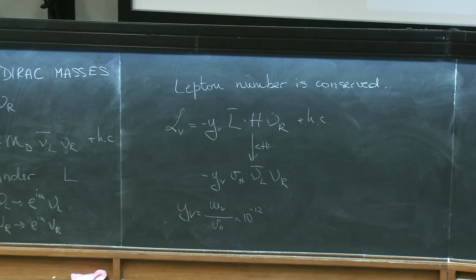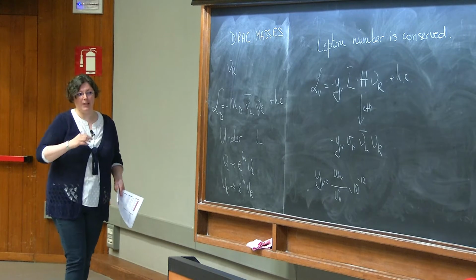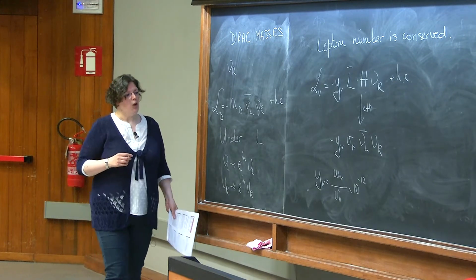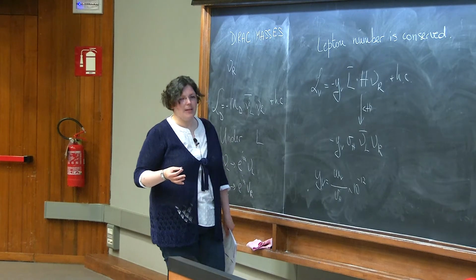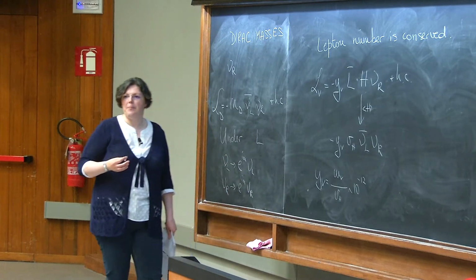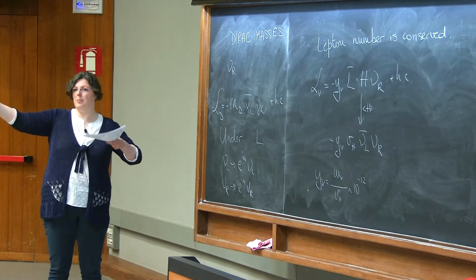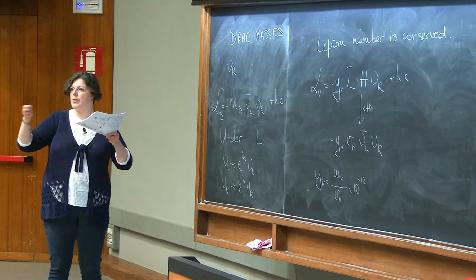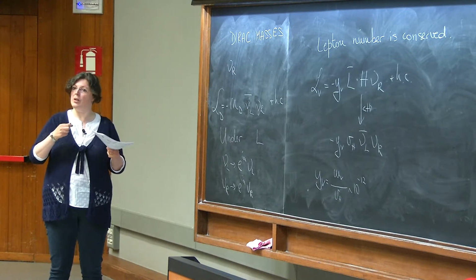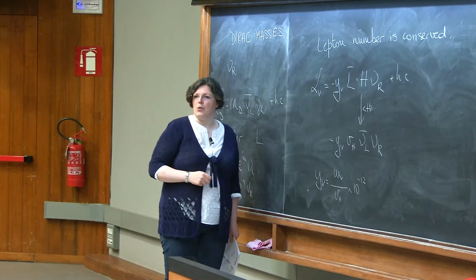Unless I find a good reason for having such a small coupling, I would expect this to be 0. Again, some people might come up with models. There have been, for example, attempts in extra-dimensional theories in which you have the sterile neutrino in the bulk and the standard model on the brane, and because of the small overlap between the two wave functions, you explain why this coupling is so small.